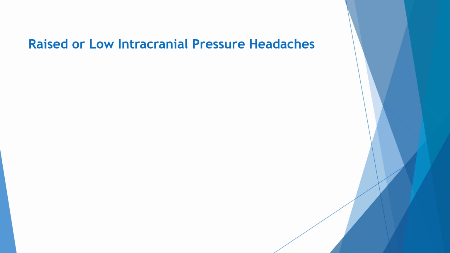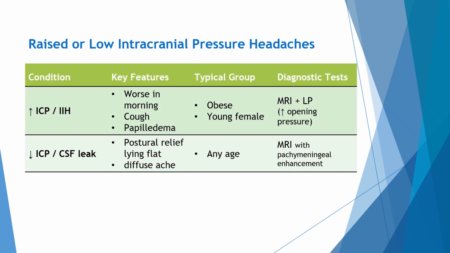There is another group of headaches which should be considered under special conditions. These are raised or low intracranial pressure headaches. In this table, the characteristics of these headaches are shown.